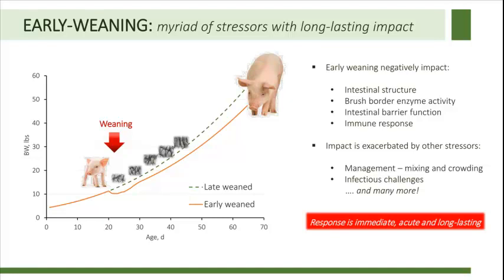Any negative impact of early weaning will be exacerbated by further stressors such as mixing, management, or exposure of pigs to pathogens. And all of these negative impacts on the gastrointestinal development of the pig and the immune response will have consequences on the growth of the pigs. The response to weaning is immediate, it's acute, and we learned that it has long-term consequences.